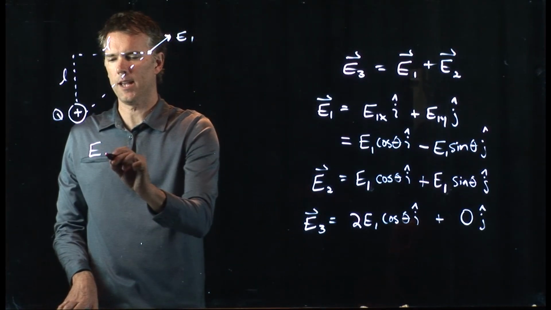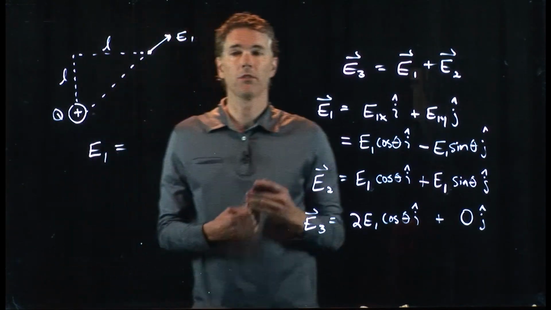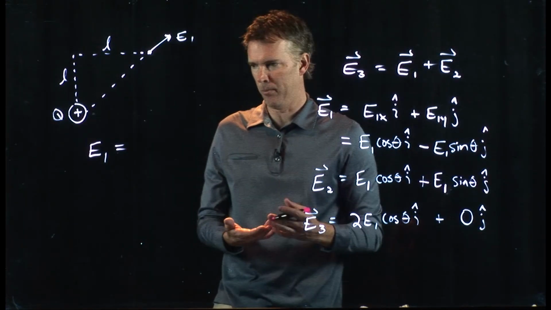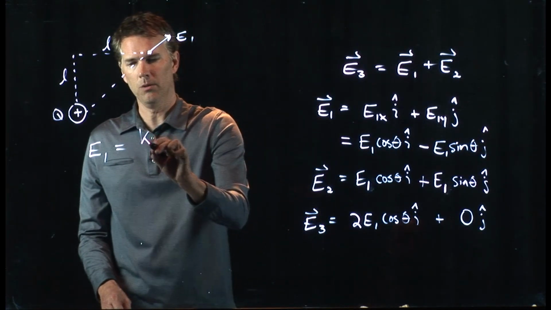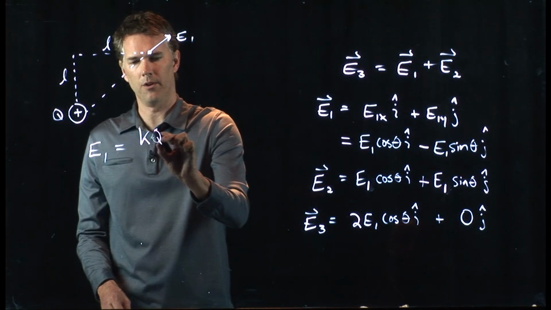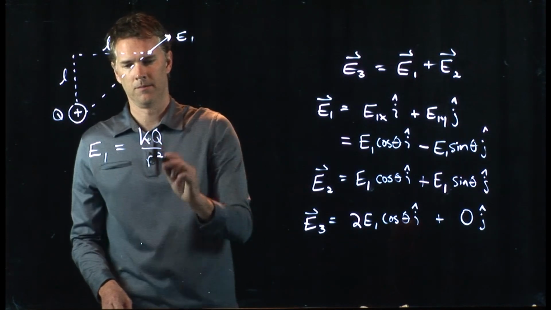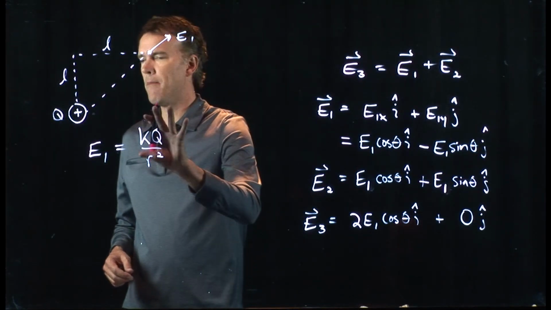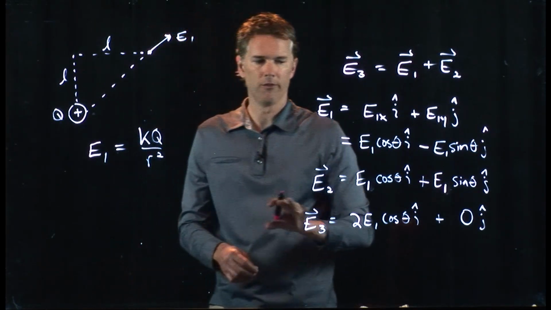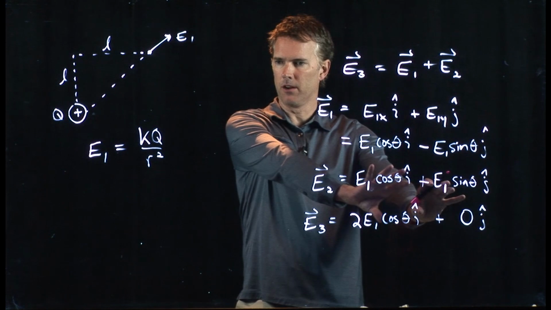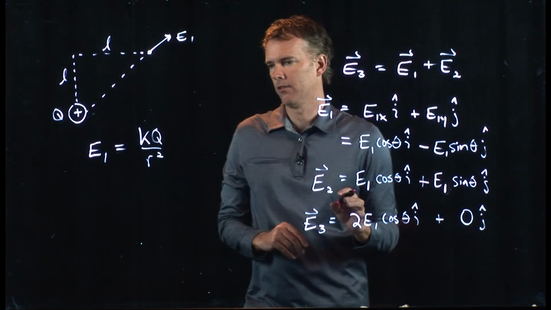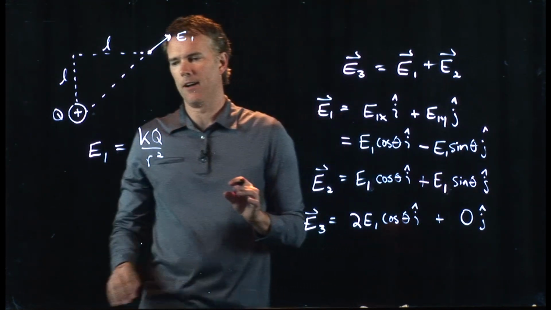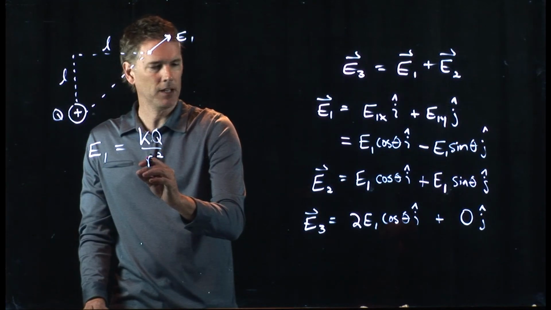What is the strength of E1? Well, we just learned that. It's the field of a point charge, KQ over R squared. That's the magnitude of E1. We've already taken into account the directions here with the i hats and the j hats. And so we just have KQ over R squared for the magnitude.